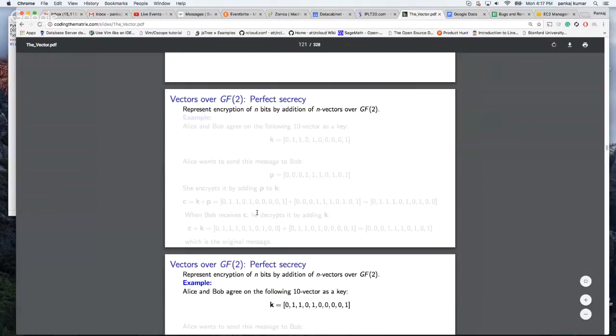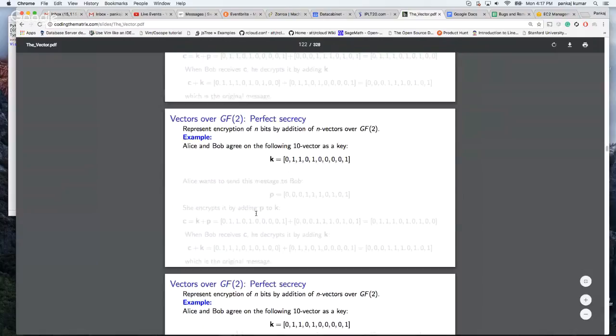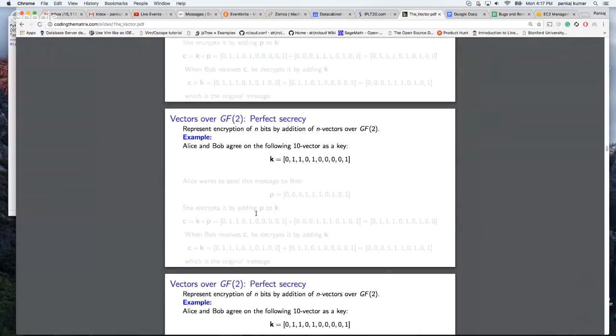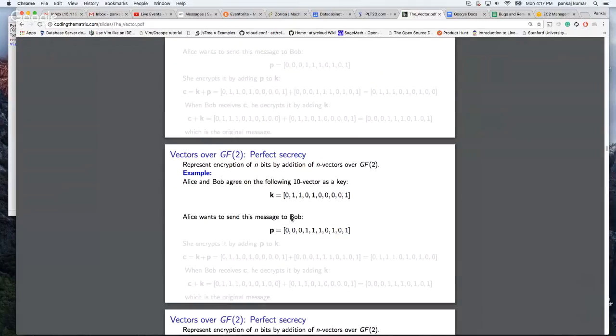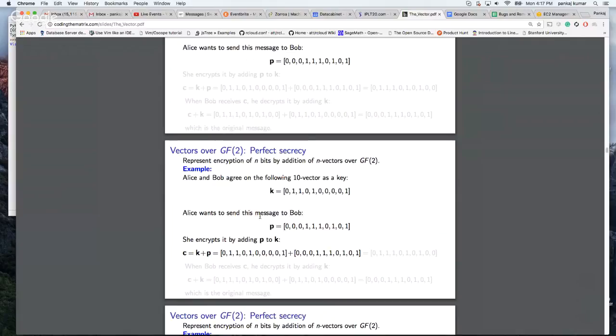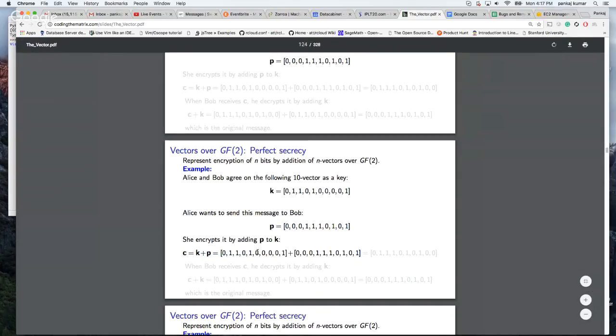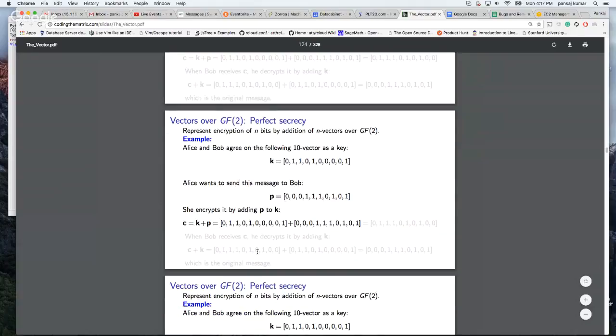Then the book comes to perfect secrecy. Alice and Bob agree on the following 10 vector. Let's suppose Alice and Bob decide on a key that they use one time, and then Alice wants to send a message to Bob. So she wants to send P to Bob. What she will do is just add K to P, and send it to Bob.